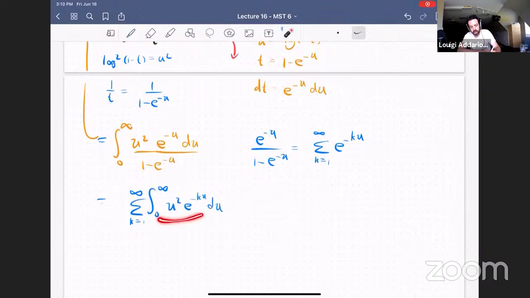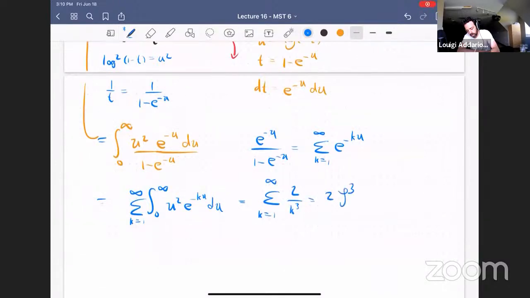And that's just like a gamma integral. Two integrations by parts tells you that this is 2 over k cubed. So we get the sum from k equals 1 to infinity of 2 over k cubed, which is 2 zeta 3.